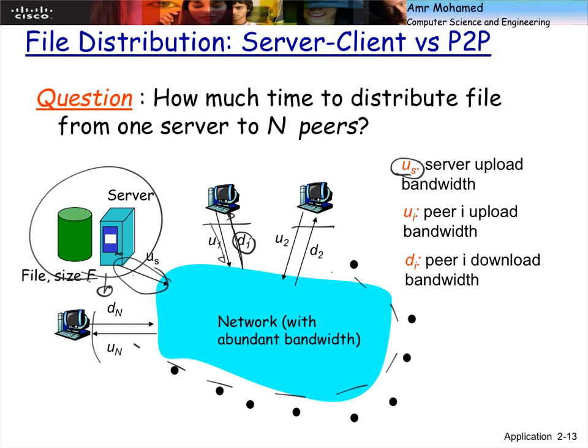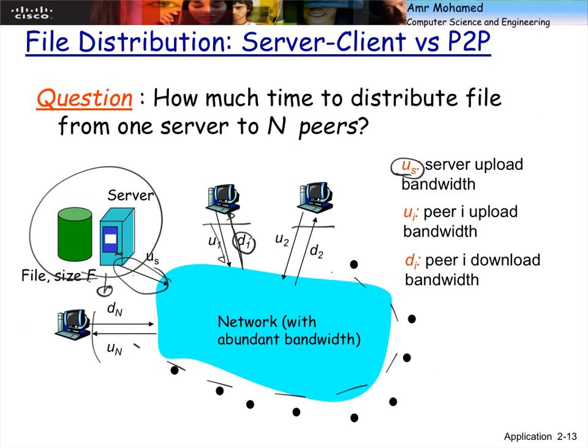So if I have N requests from these clients concurrently coming to the server, then the server will have to send the file content to all the N nodes. So I can select part of the file and send it to node 1, part of the file and send it to node 2, and then send it to node 3, node 4, and so on, all the way to N. And then get the second part, send it here, here, here, here, and so on.